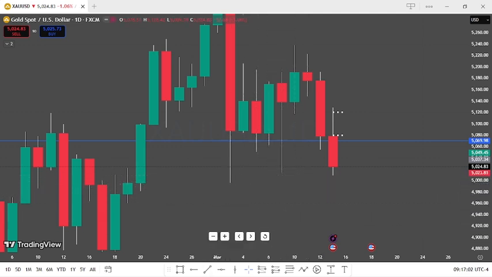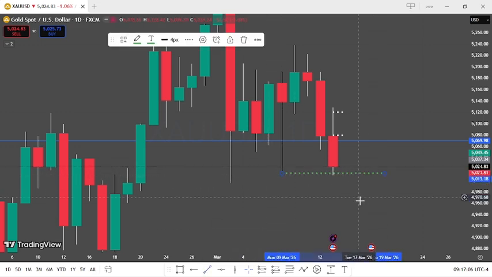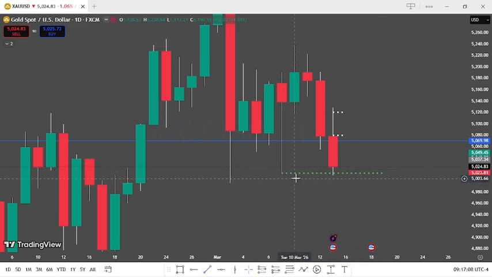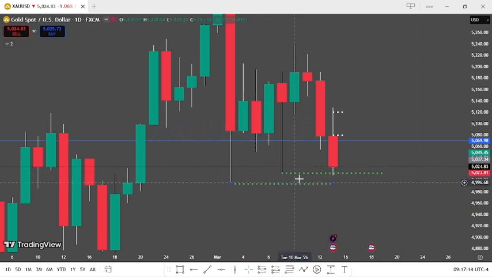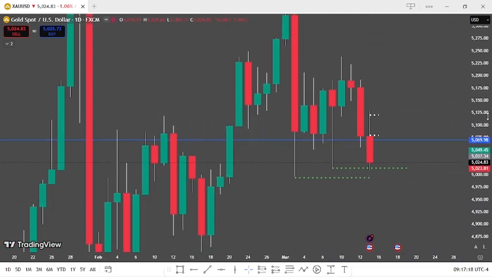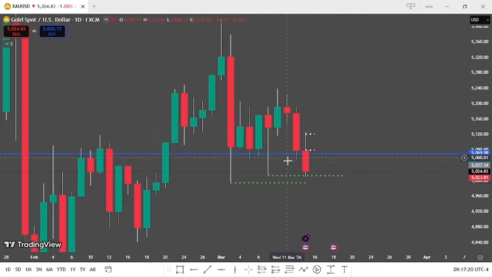So if price closes above this candle, or price wicks and closes above this candle, then I will be framing a bullish position for gold. Remember, this is on the 1-day chart.